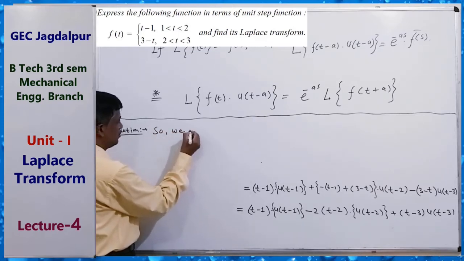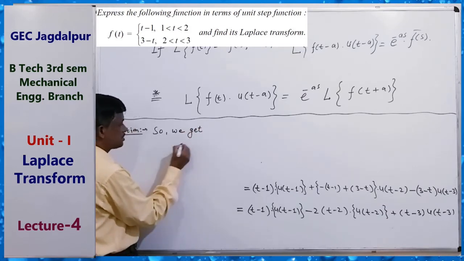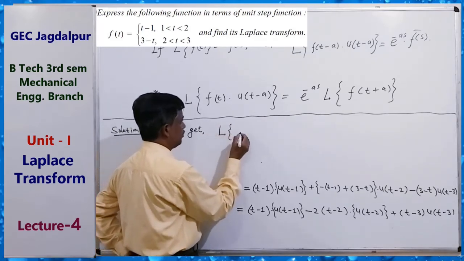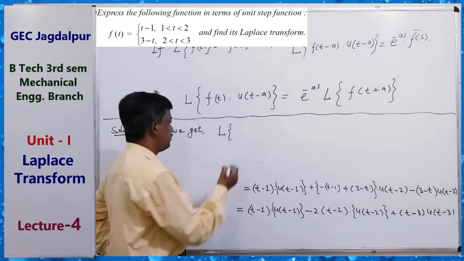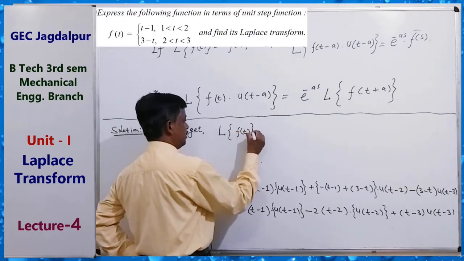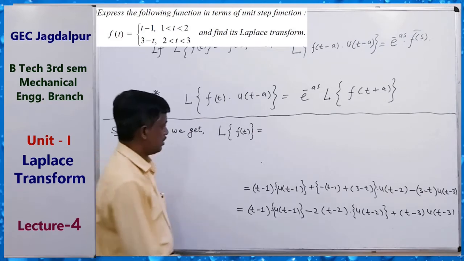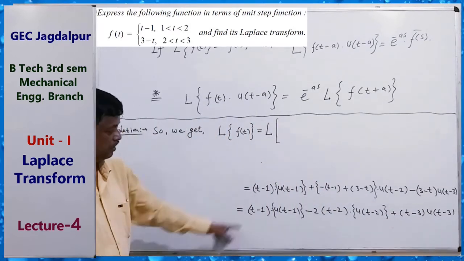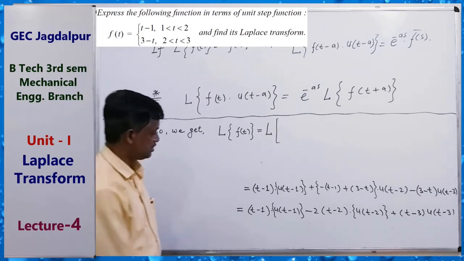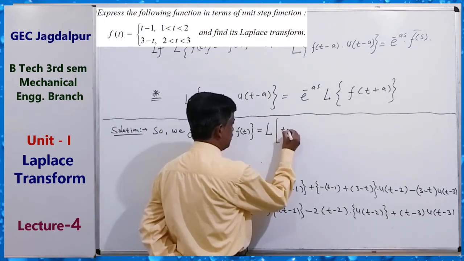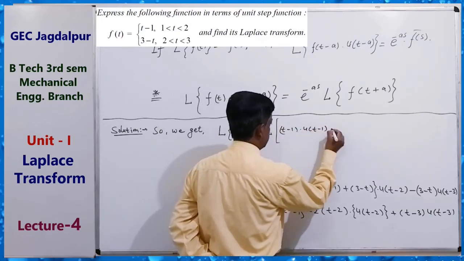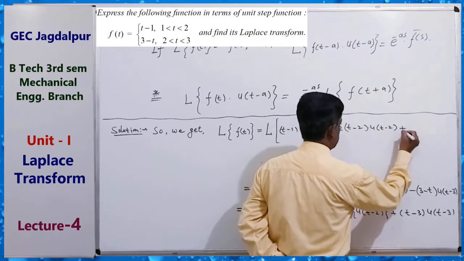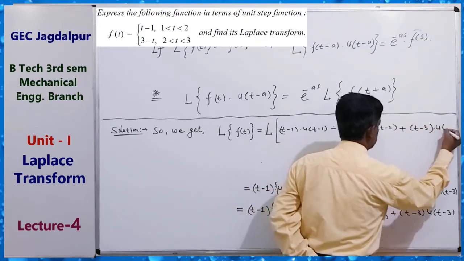So we get the Laplace transform of the given function f(t), which equals the Laplace transform of the complete value: (t minus 1) u(t minus 1) minus 2 (t minus 2) u(t minus 2) plus (t minus 3) u(t minus 3).